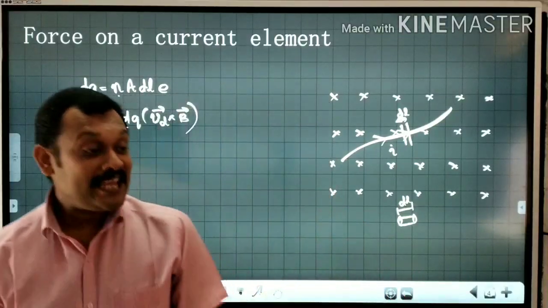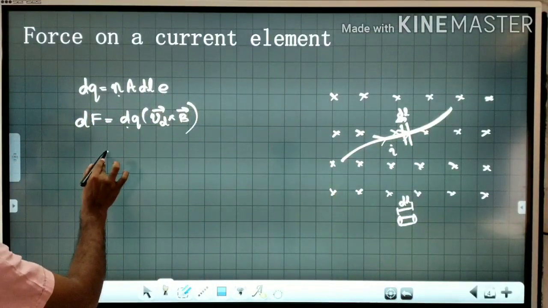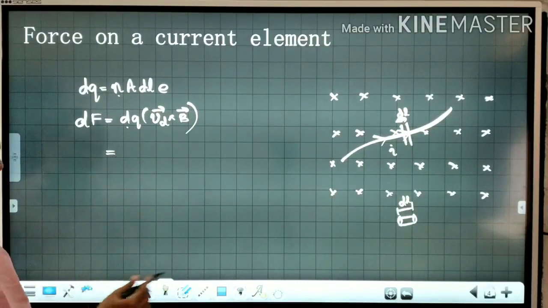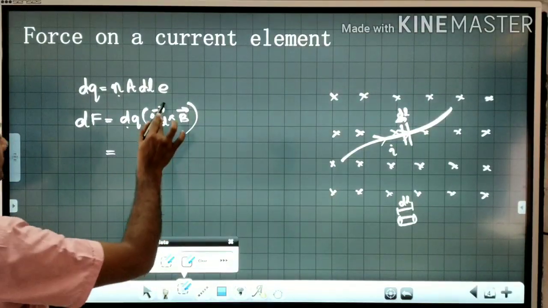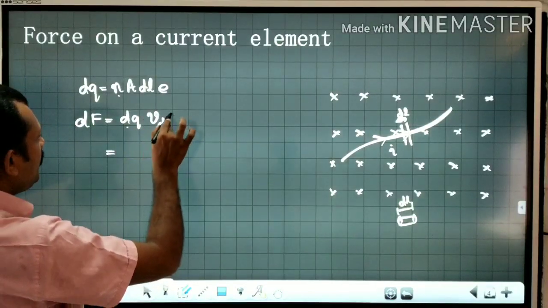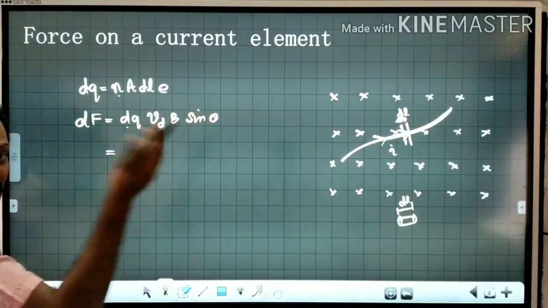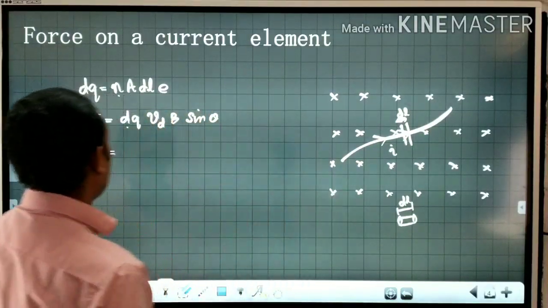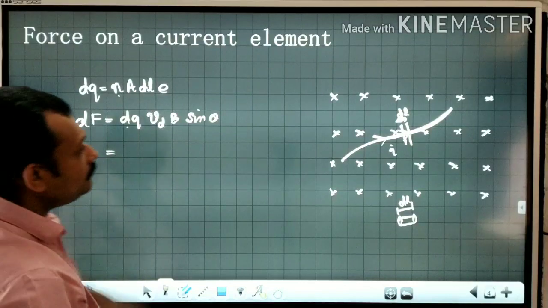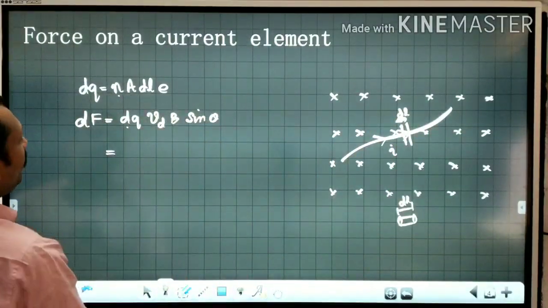So dF is dq into Vd cross B. This is the magnitude, dq into Vd into B sin theta, where theta is the angle between the magnetic field vector and the velocity. Here theta is 90 degrees, because it is a perpendicular field. I'm just saying the basic formula.